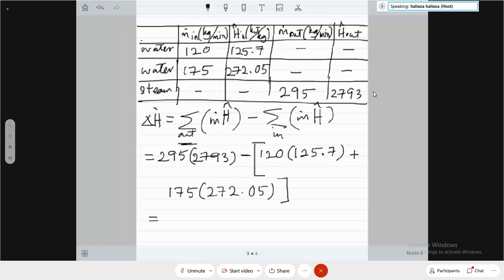And now I'm going to write down the unit. The unit is supposed to be kilogram per minute for the mass flow rate, and the enthalpy is kilojoules per kilogram. So I'm going to cancel that. I'm going to have my unit of kilojoules per minute. Oops. So what's the answer?